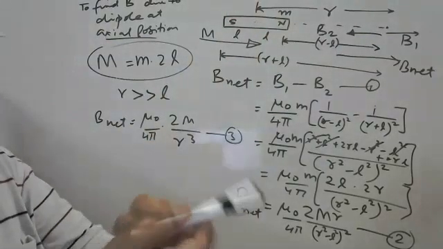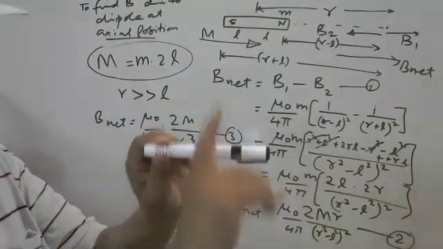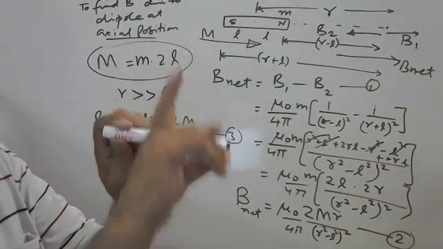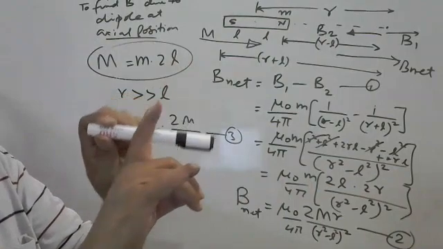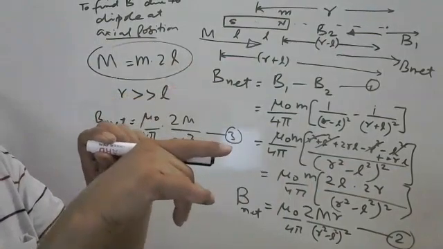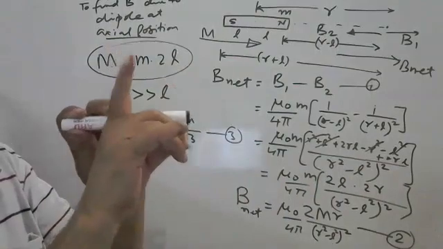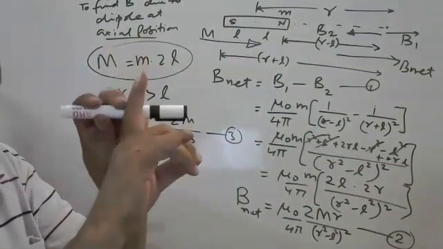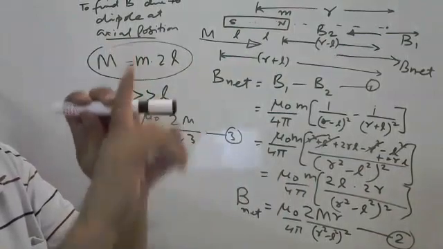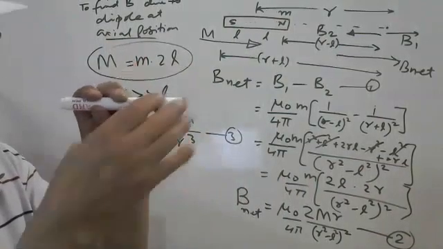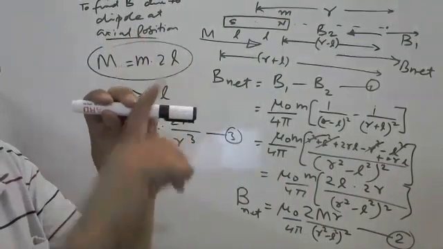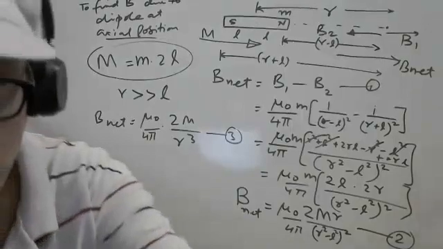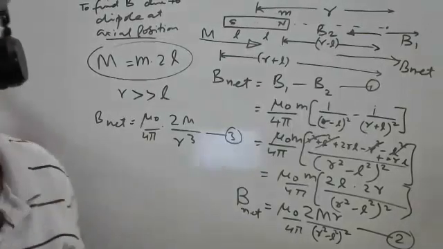Suppose there is a magnet, this is axial position, and this one is perpendicular bisector position, equatorial position, or you can say broadside on position. So the name is same for this. Either you say perpendicular bisector position, or broadside on position, or equatorial position. So the next topic here is to find out the magnetic field at equatorial position.